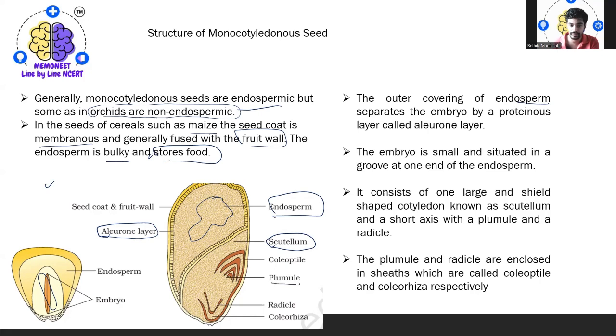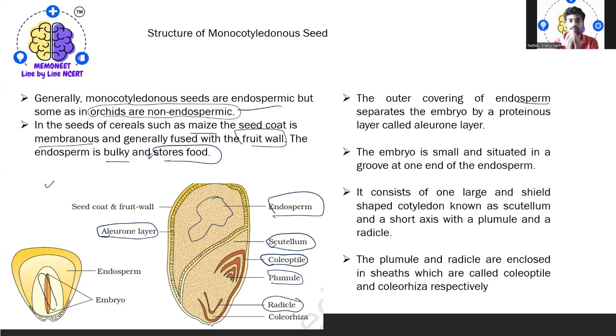This is the plumule and this is the radicle. The plumule and radicle are enclosed in sheaths called coleoptile and coleorhiza, respectively. In general, this is the structure of the monocotyledon seed.